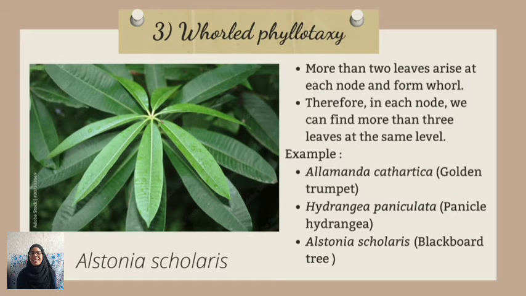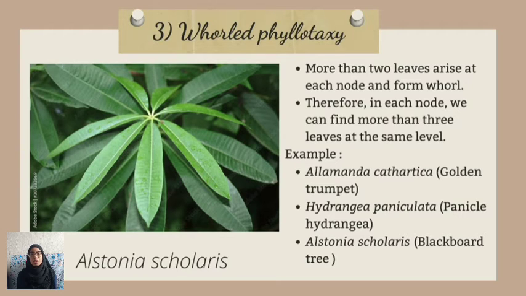First is Allamanda cathartica, which is golden trumpet. The golden trumpet is commonly known as a plant with yellow flowers, and we can easily find it on highways, in neighborhood streets, and in any kind of street. The second is Hydrangea paniculata, which is panicle hydrangea, and last but not least is Alstonia scholaris, the blackboard tree.